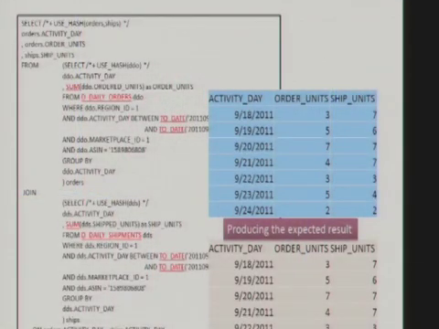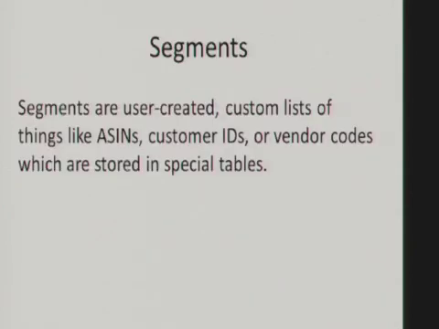All right, so segments. I'm going to assume that most of you have worked with segments in DSS. If you haven't, there's a step-by-step of how to create a segment in the training manual and elsewhere, I think on the Wiki.